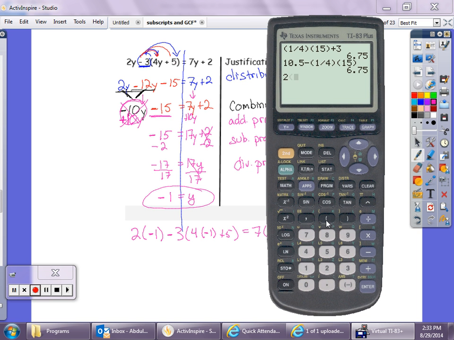So it's 2 parenthesis times negative 1 minus 3 parenthesis 4. Now I have a parenthesis times negative 1. Close that one because that's for my negative 1. Plus 5, and I close this parenthesis because this is for the whole thing right here. I hit enter, and it gives me negative 5.